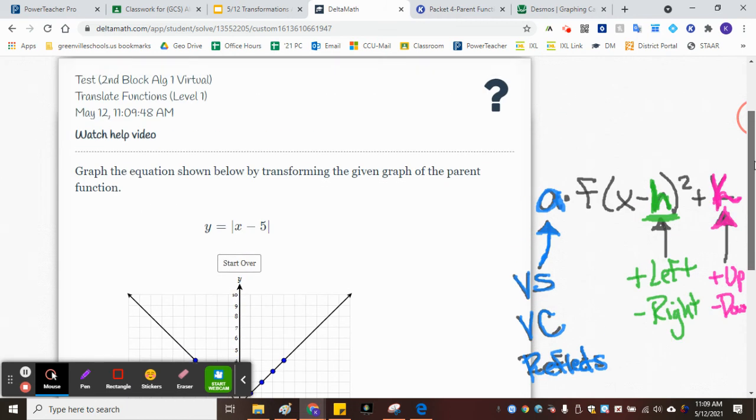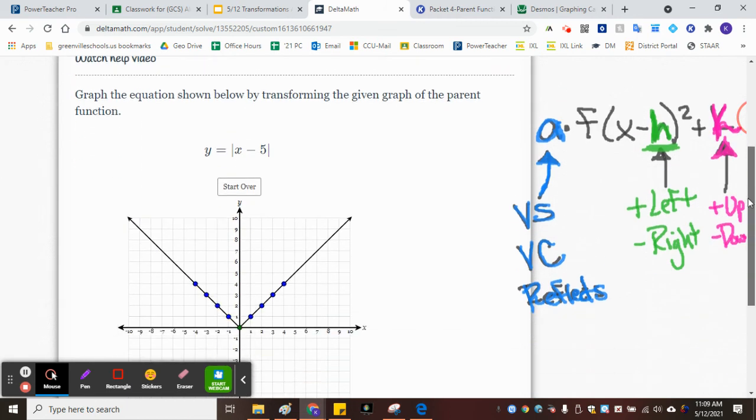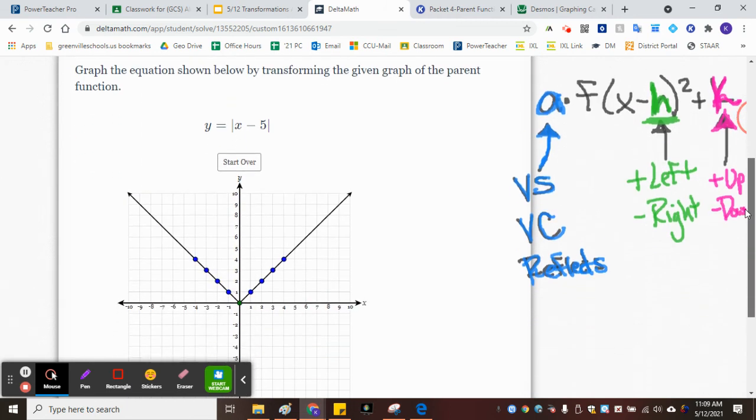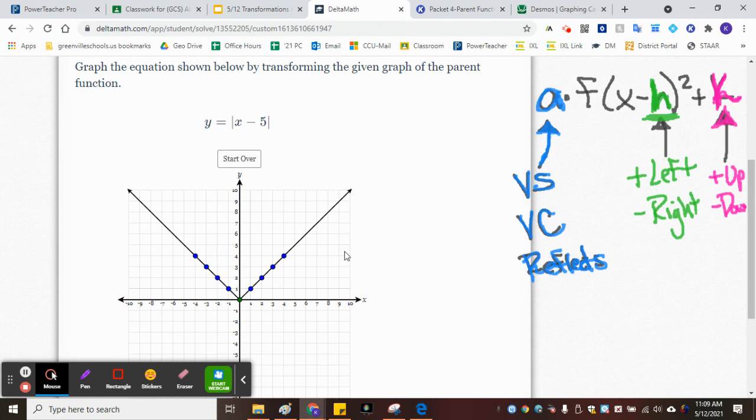So the second one, we are given the graph of the parent function. So this is just y equals absolute value of x. That's all that is. And we need to move it given the equation. So this equation is different from our parent function because of the negative 5 on the inside.